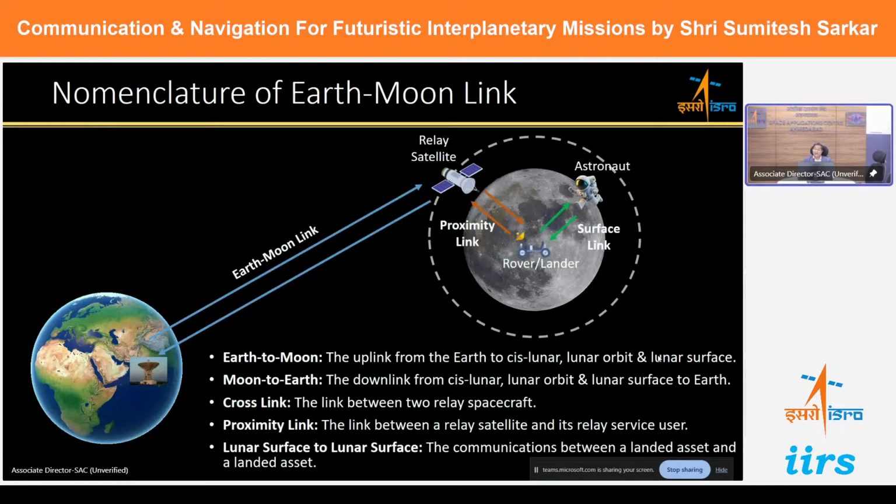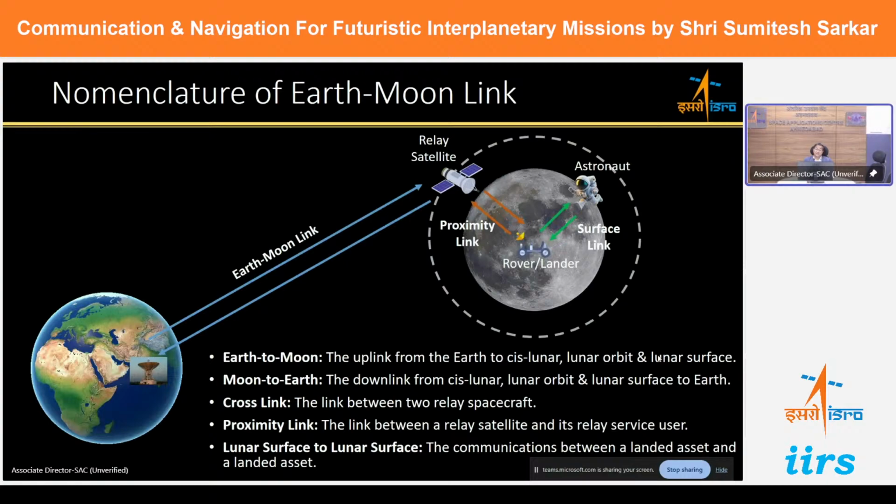Then we have a lander or rover on the surface of the Moon, and these are also connected with the orbiter. And there may be astronauts on the Moon, so they have connectivity with the lander or the rover. This is called the surface link.